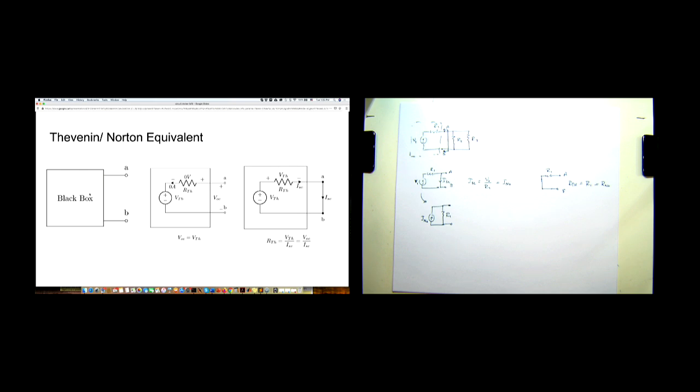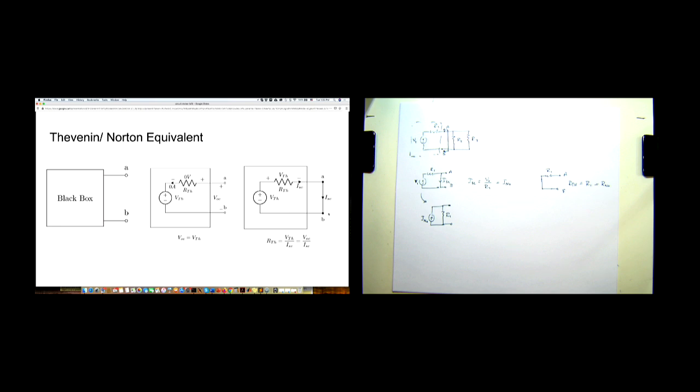Let's say that we have a black box and nodes A and B coming out of this black box. If we model it as a Thevenin equivalent, we will have just one voltage source and a resistor, R Thevenin. The open circuit voltage, in this case, since there's no current, meaning no voltage drop across this resistor, is going to be just VOC.